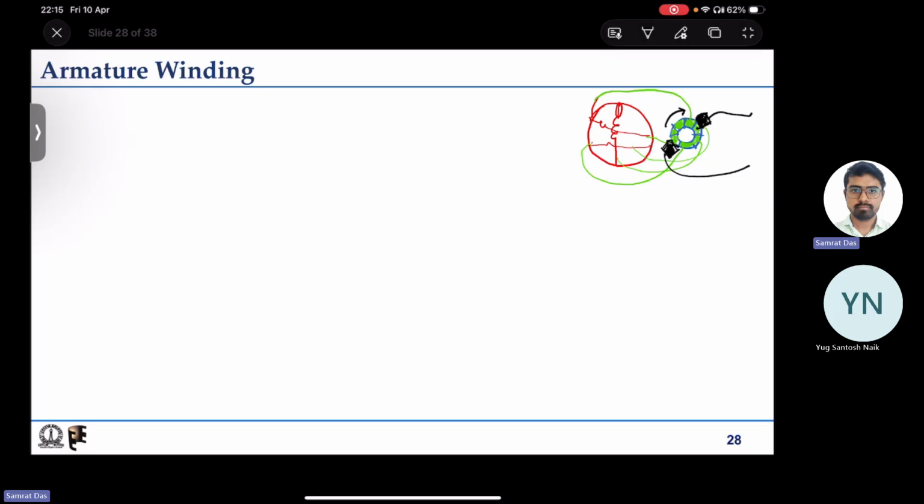So some commutator segments are shorted with this brush at certain instants. For certain instants, two side by side commutator segments are also shorted together. We will understand those. But finally, whatever induced EMFs are there in the different coils will be added or subtracted because of this winding connection through these commutators, and finally you will see to the external world what is the voltage across these two terminals.